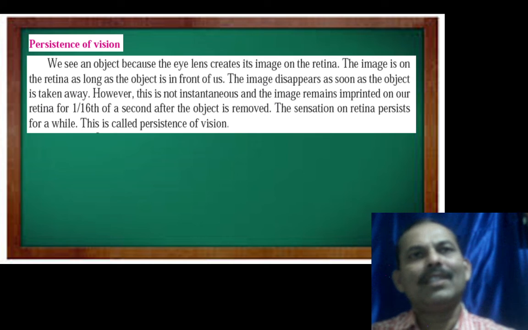However, this is not instantaneous, and the image remains imprinted on our retina for 1/16th of a second after the object is removed. The sensation on the retina persists for a while. This is called the persistence of vision.